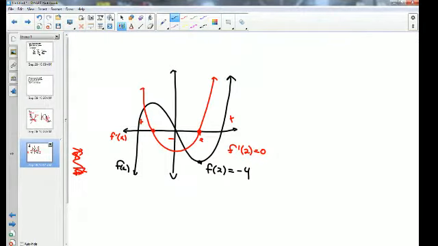So at this point, 2, -4, the slope of the function is 0. Slope of the tangent line. So it's just a visual way to look at derivatives versus functions. Okay. Yeah, I know it's hard the first time around.